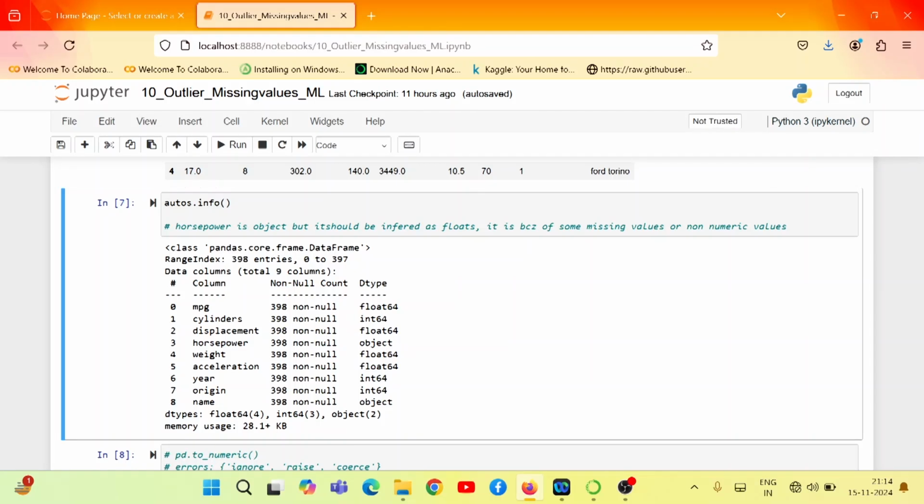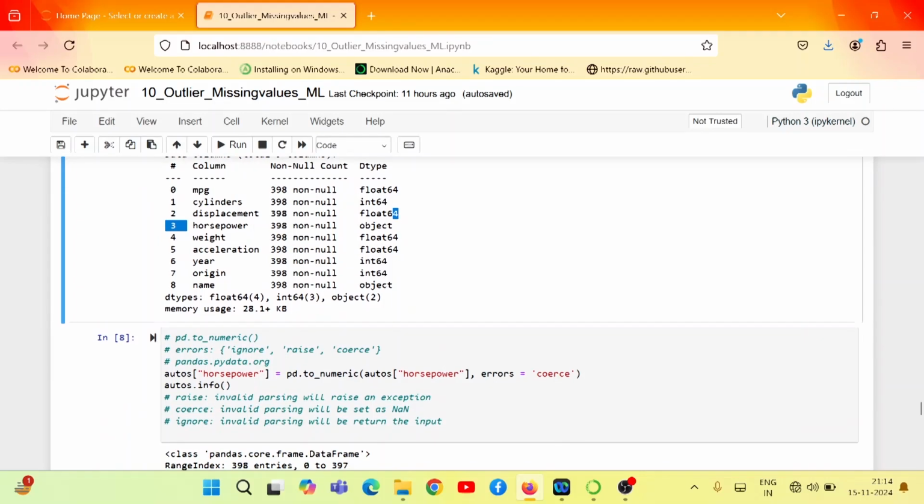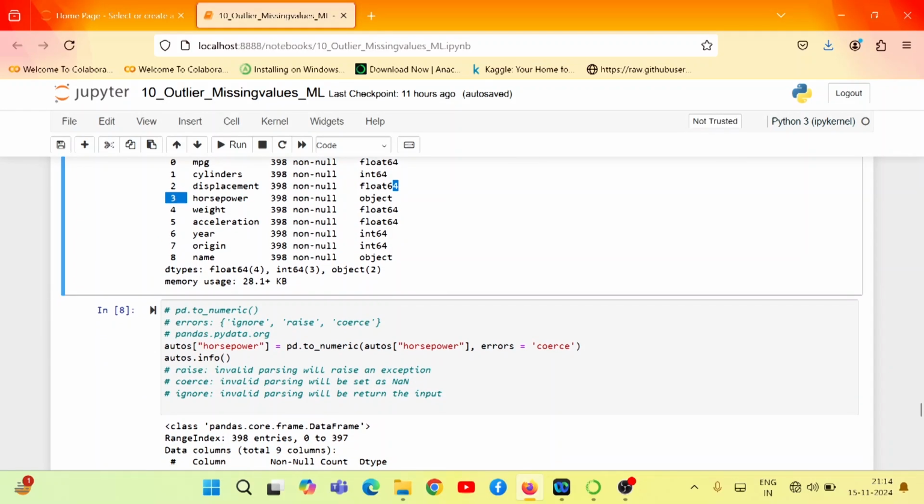This may be because some of the rows contain a non-numeric value in the horsepower column. So one option to deal with this is to force convert the horsepower column into numeric, right? That is one way. We should convert the non-numeric values into null values, and we have a method called pd.to_numeric, which can be used to convert any column with a non-numeric data type to a column with a numeric data type, right? That is the purpose of this method.